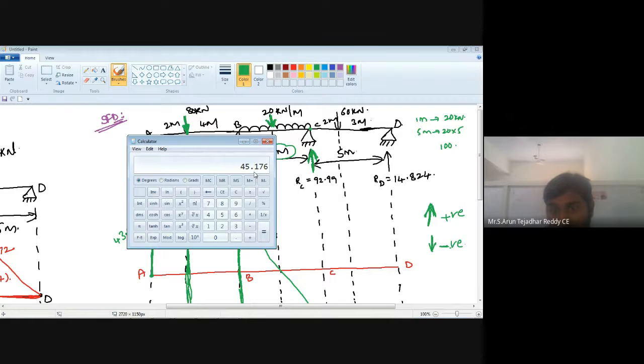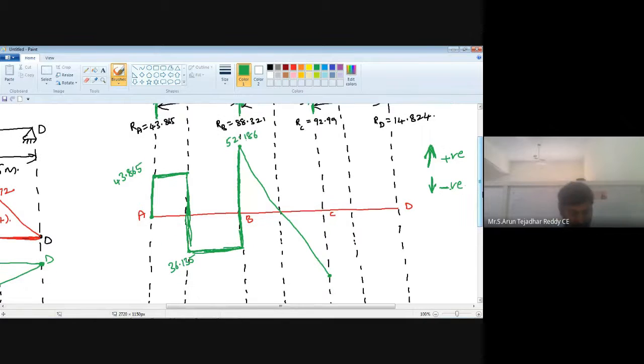Then it is again above the beam. So this is 43, and somewhere here we'll get our 45. Okay. Now join these points. Join this point.